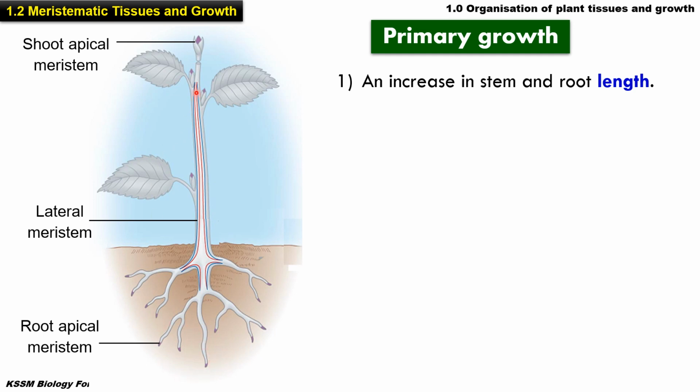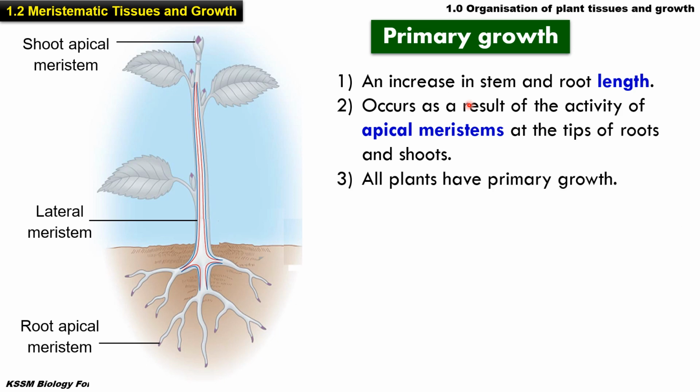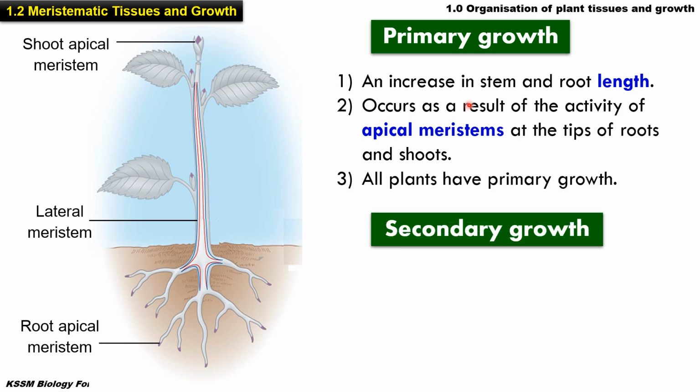It will increase the length for the stem, for the shoot. The stem, shoot and root. Maknanya dia akan going upwards, downwards. So, itu adalah primary growth. Secondary growth. Dia berlaku which is the diameter of the plant increase.